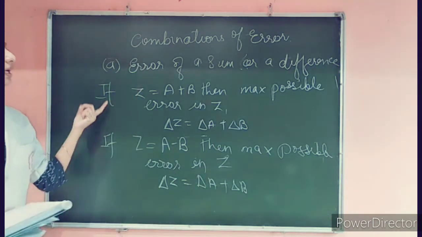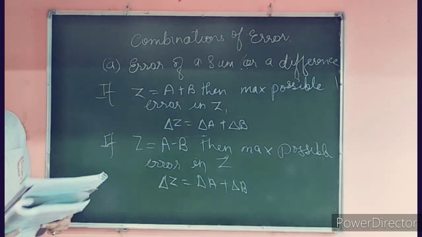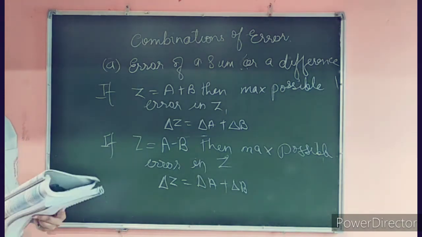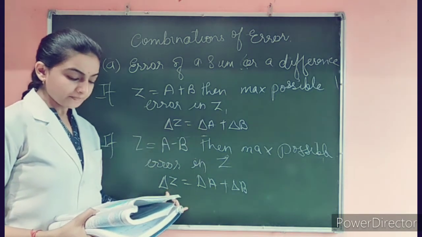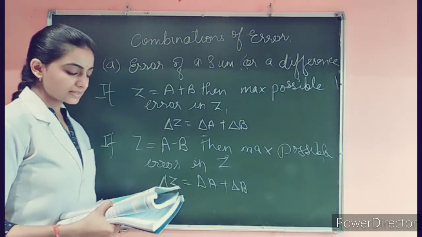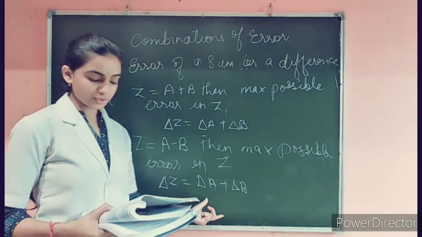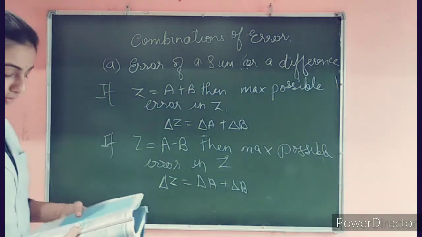This is for the error of a sum or a difference. So our rule is when two quantities are added or subtracted, the absolute error in the final result is the sum of the absolute errors in the individual quantities.